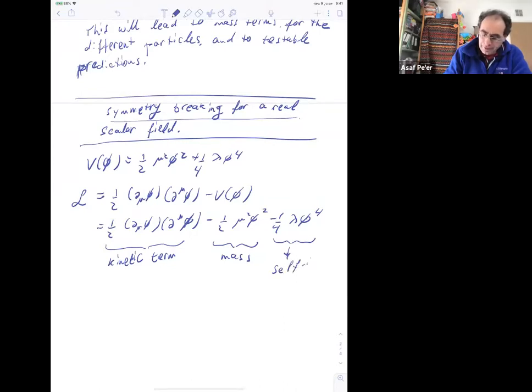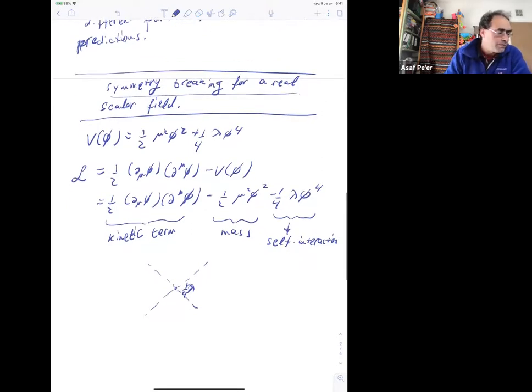So that means that our field phi can have a vertex, a 4-point vertex, with a coupling of minus 1/4 lambda. We have a self-interacting scalar field. Nice and easy.